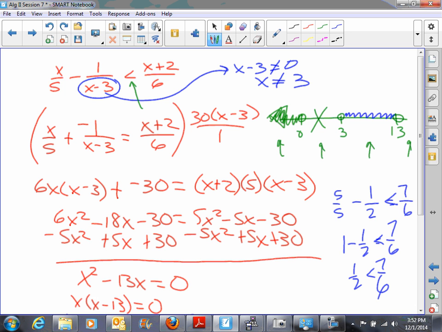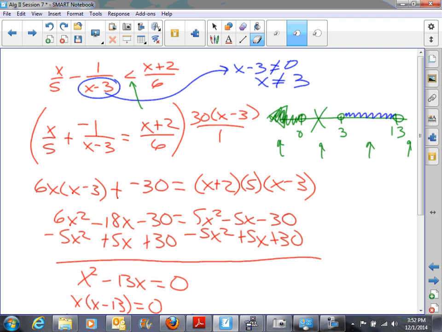And then finally, let's try something bigger than 13. How about 20? So we have 20 over 5, which is 4, minus 1 over 17. 20 minus 3 is 17. 4 minus 1/17 is less than 22 over 6.